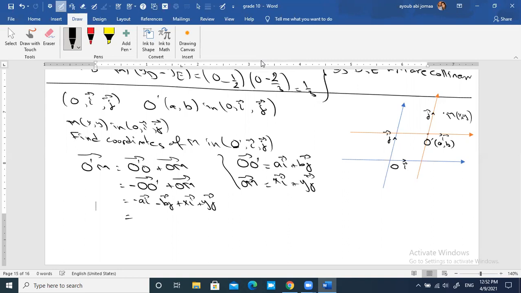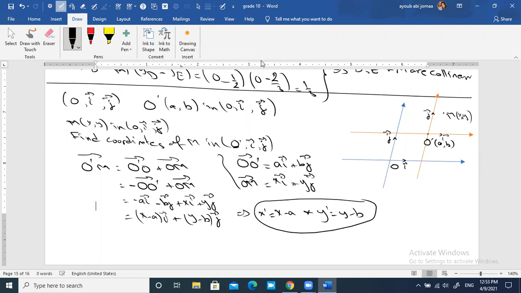Now collect I and J together. So you get X minus A times I plus Y minus B times J. Therefore, X prime, the coordinates of point M in the system O prime IJ, is equal to X minus A, and Y prime is Y minus B.